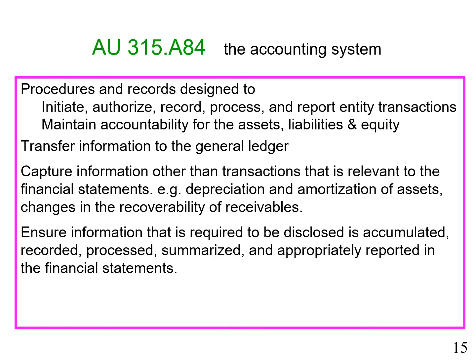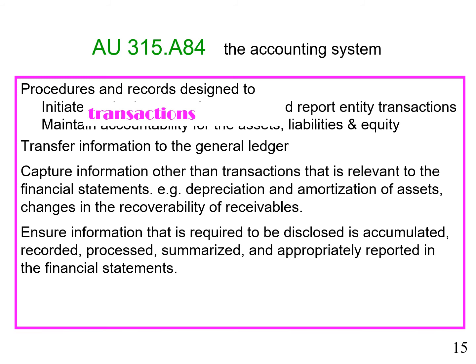315 talks about pretty much the same thing a little bit further. Now, I'm hoping that you learned what we had on that last slide, but 315 goes a little bit further. Procedures and records designed to initiate, authorize, record, process, and report transactions. Maintain accountability for assets, liability, and equity. Procedures and records. Okay. These are transactions.